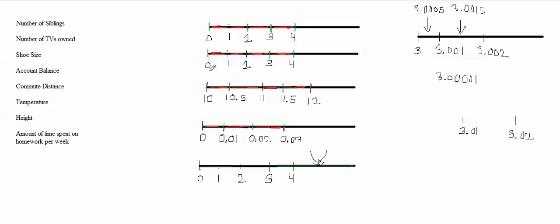Once the person buys his or her first TV, the person's value goes from 0 right up to 1 without going through any of these values in here. When a person buys a second TV, his or her number of TVs immediately goes up to 2. And when a person buys his or her third TV, the number immediately goes up to 3. So when a person's value increases, it increases in steps, one step at a time.